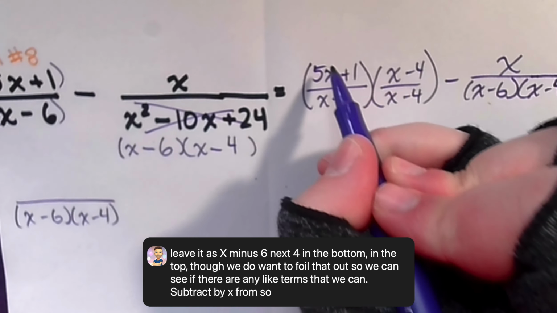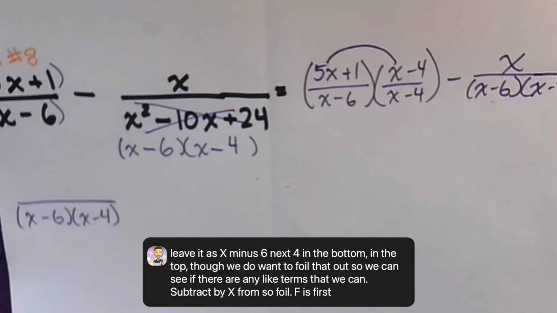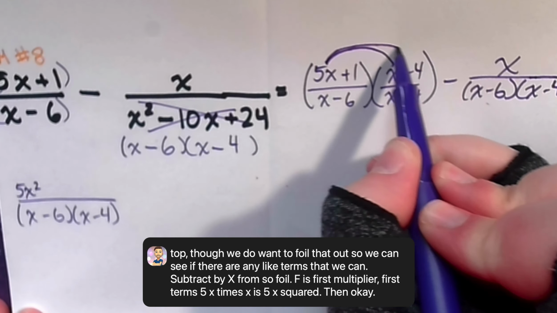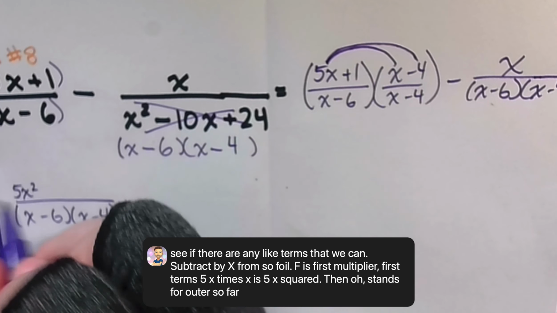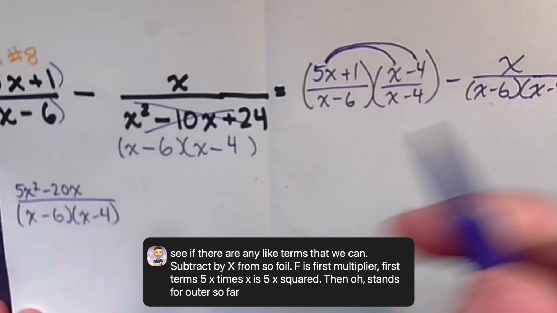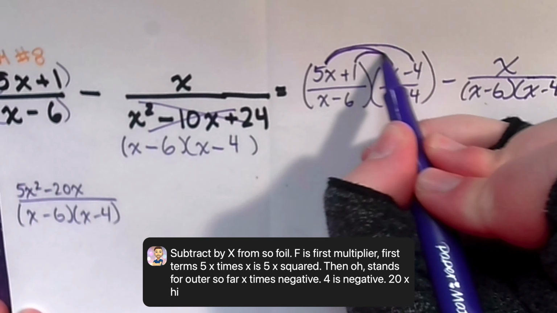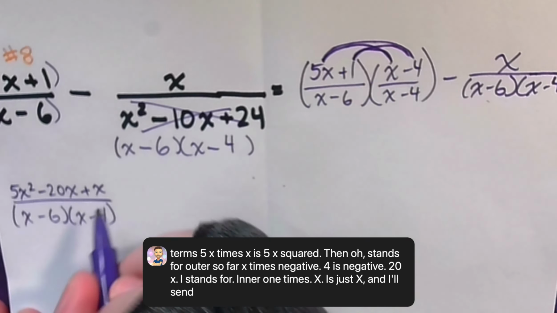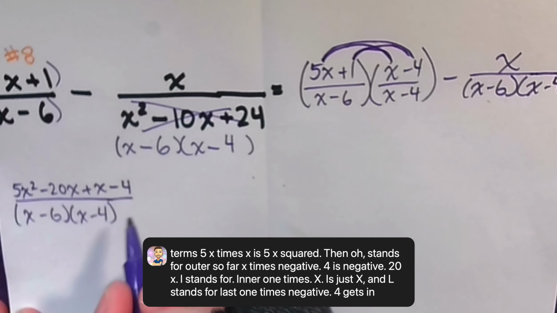So FOIL: F is first, multiply our first terms, 5x times x is 5x squared. Then O stands for outer, so 5x times negative 4 is negative 20x. I stands for inner, 1 times x is just x. And L stands for last. 1 times negative 4 gets us negative 4.